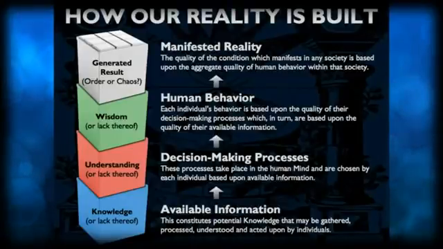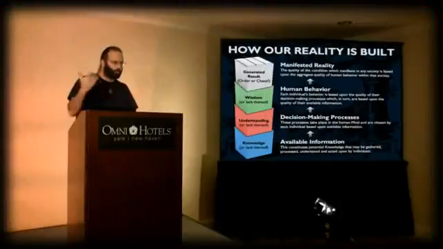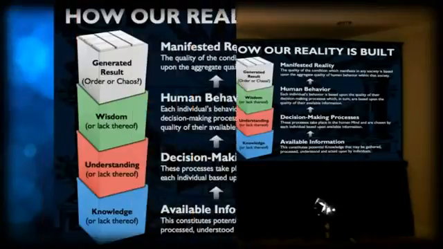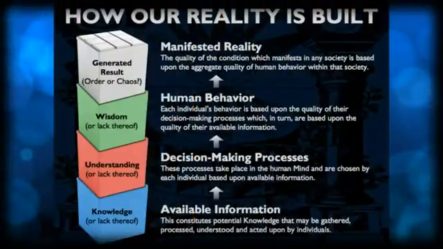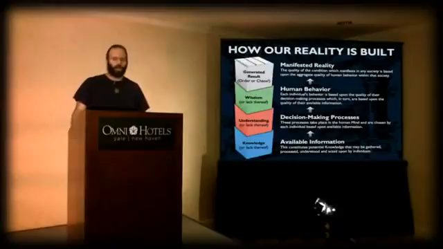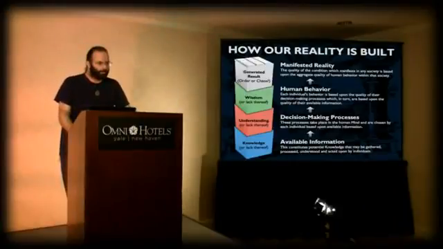Well, that's going to be based upon whether someone took in the information, processed it efficiently to come to an understanding, and then acted upon it. The manifested reality is the quality of the condition which manifests in any given society based upon the aggregate quality of human behavior within that society. This is how our reality is actually created. The conditions that we experience as the daily events of our life.